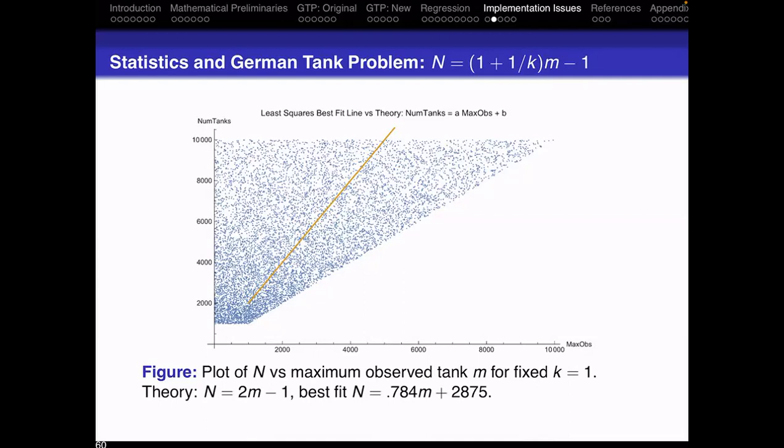When you look at 0.784 m plus 2875, if this were to work for all values of m, why would that be a problem? What would eventually happen? Yes.